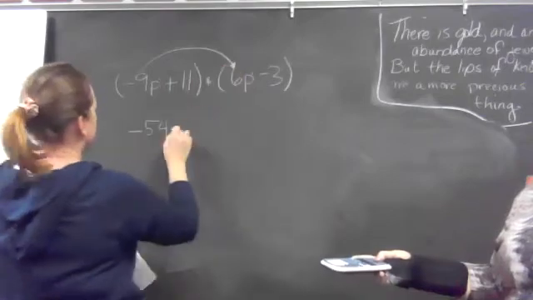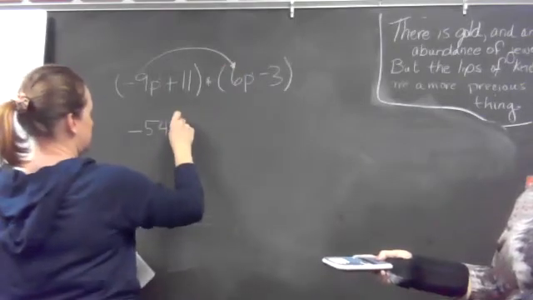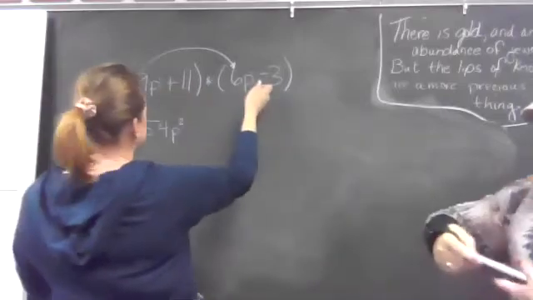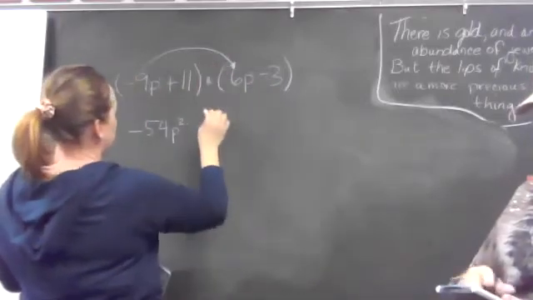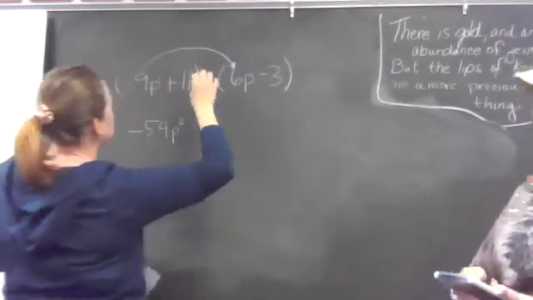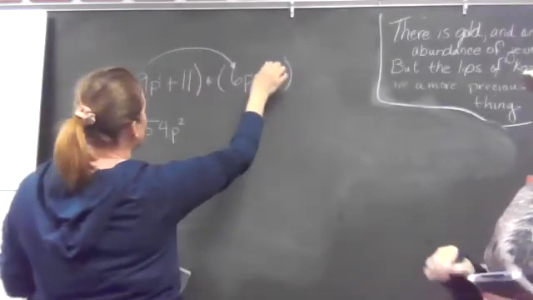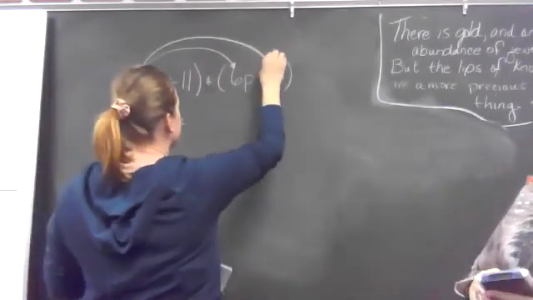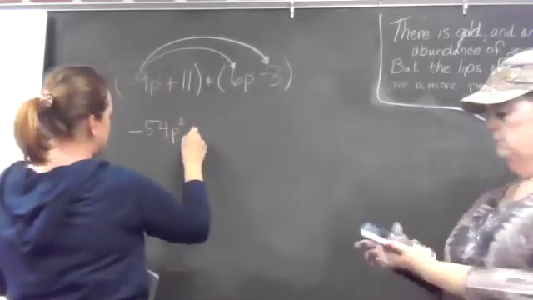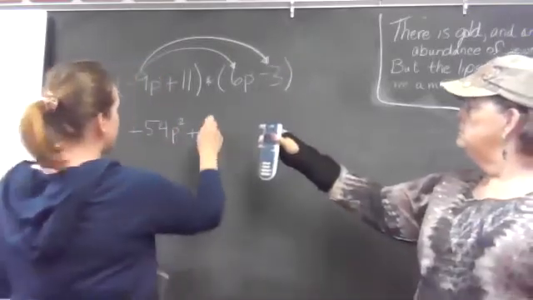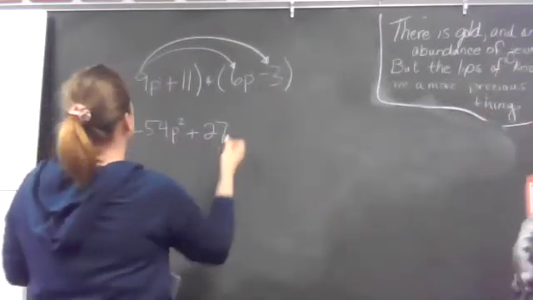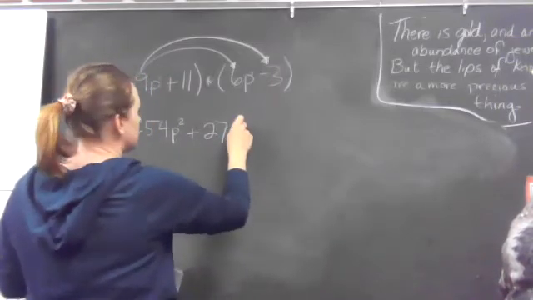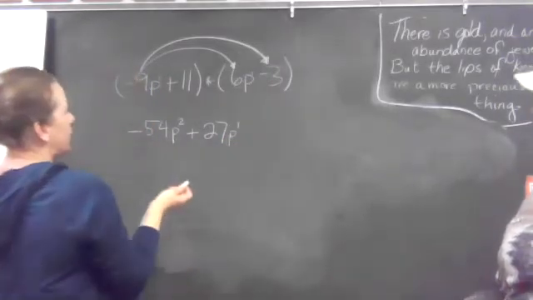And then it's P to the second. You're doing great. And then now we're going to do this one, right? Still do the 9. Yes, this one. Good. Okay. And then this one, which is going to be a positive 27 P. You're awesome.